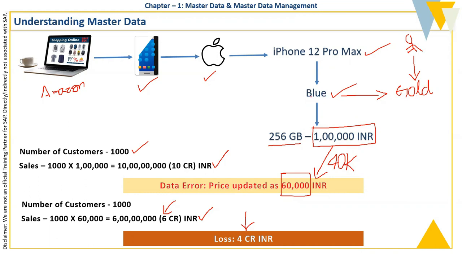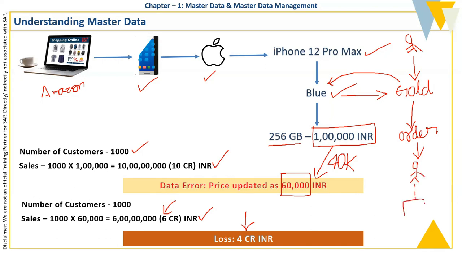Inside the database, the data has been updated incorrectly as gold color, but physically it is blue. Now for the customer, it is displayed as gold color, and they place an order, and the gold color mobile will be delivered to the customer.